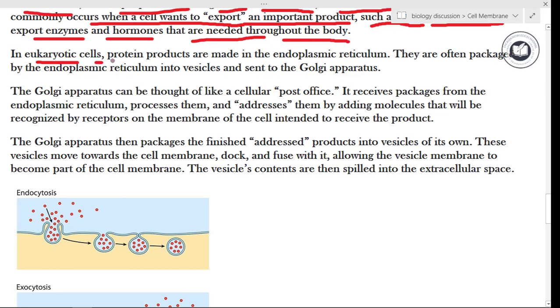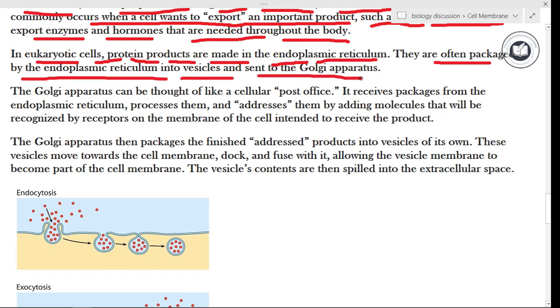In eukaryotic cells, protein products are made in the endoplasmic reticulum. They are often packaged by the endoplasmic reticulum into vesicles and sent to the Golgi apparatus. The Golgi apparatus can be thought of like a cellular post office.